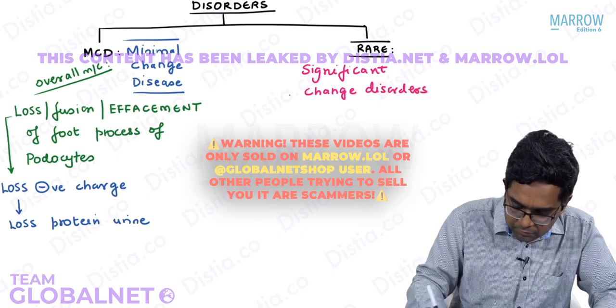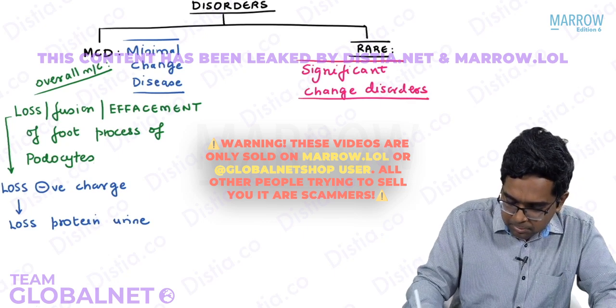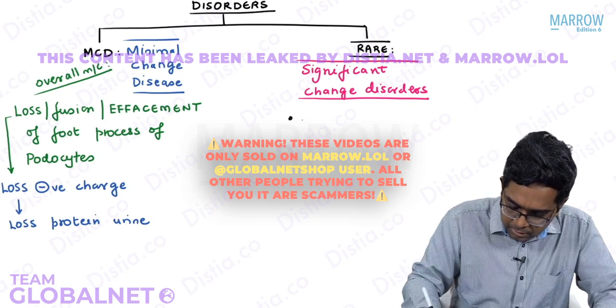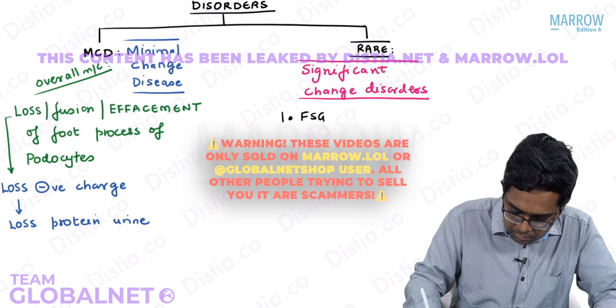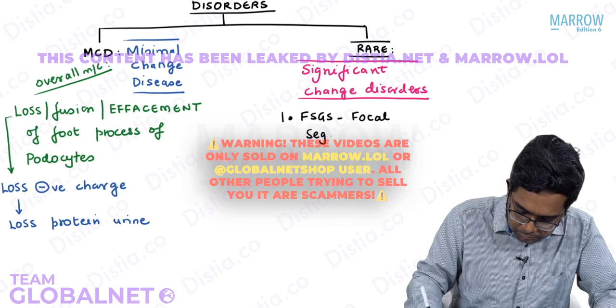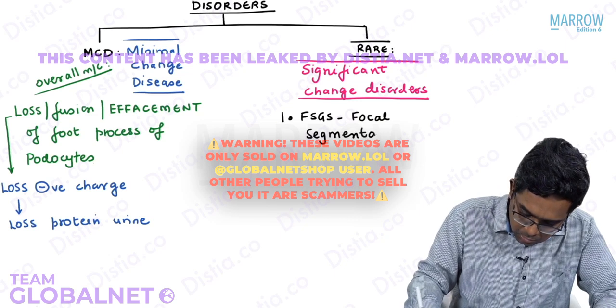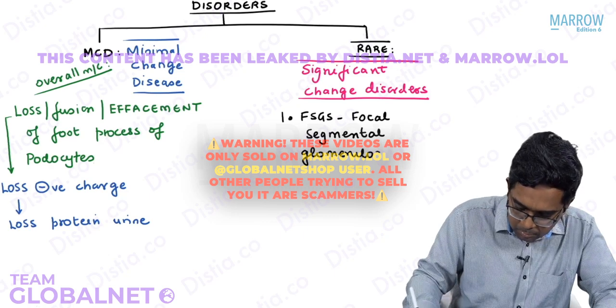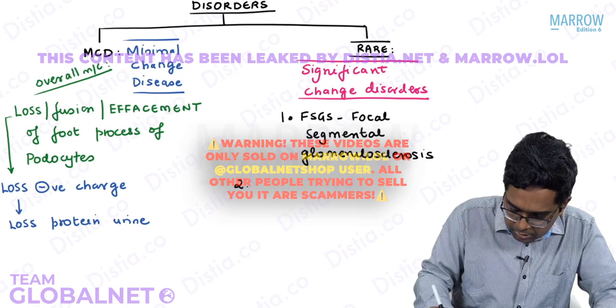Under this category of significant change disorders, some important pathological conditions are there, which include FSGS, that is focal segmental glomerulosclerosis. Second important condition is MN or membranous nephropathy.